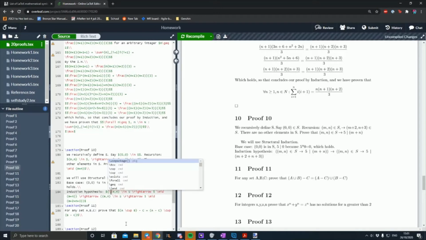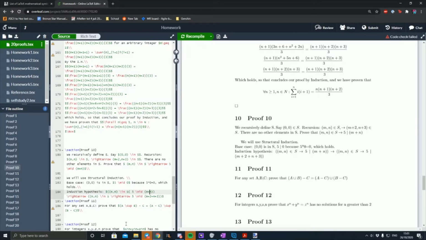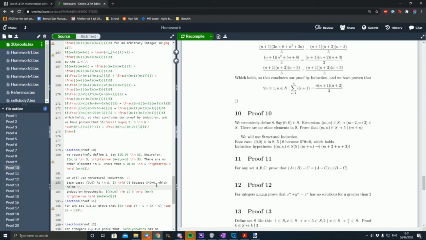So we can say for all elements in S, if this holds, then 5 divides. Let me see, did I have the correct amount of brackets everywhere? Another one too many over here, and that's properly over there.